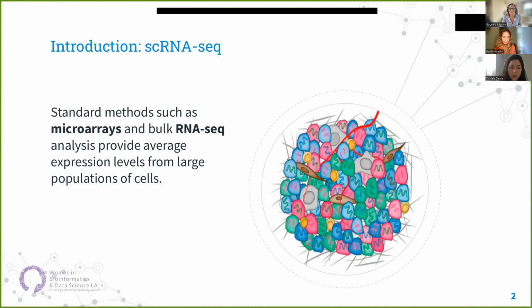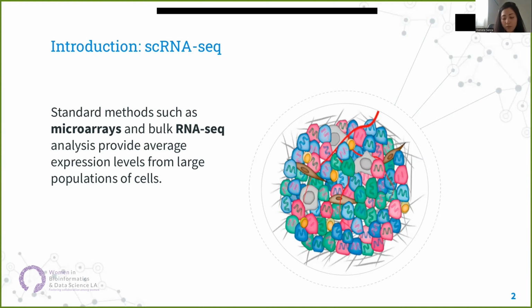First of all, I'm going to introduce you to the type of data we are going to use. Standard methods that measure gene expression, like microarrays or RNA-seq, provide averages of gene expression levels from large populations of cells.